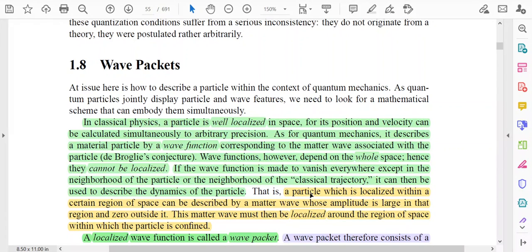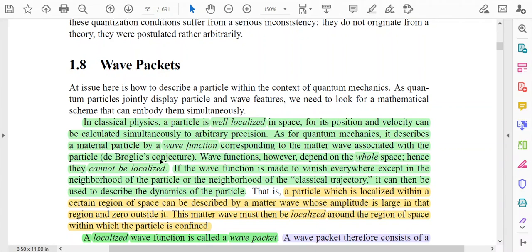I will discuss the basic concepts of wave packets, the mathematical preliminaries behind the wave packet, the structure of a wave packet, and Heisenberg's uncertainty relation and its link with wave packets.